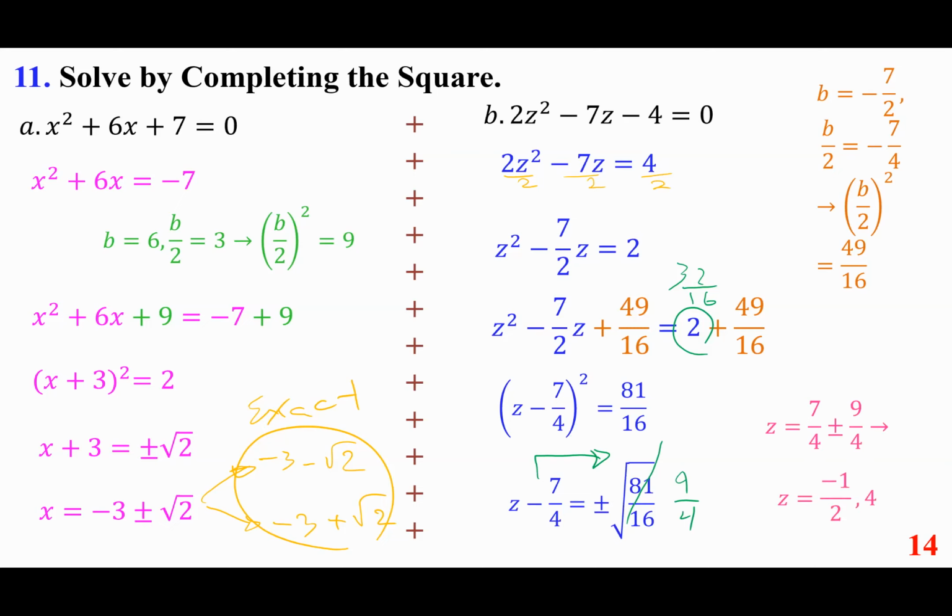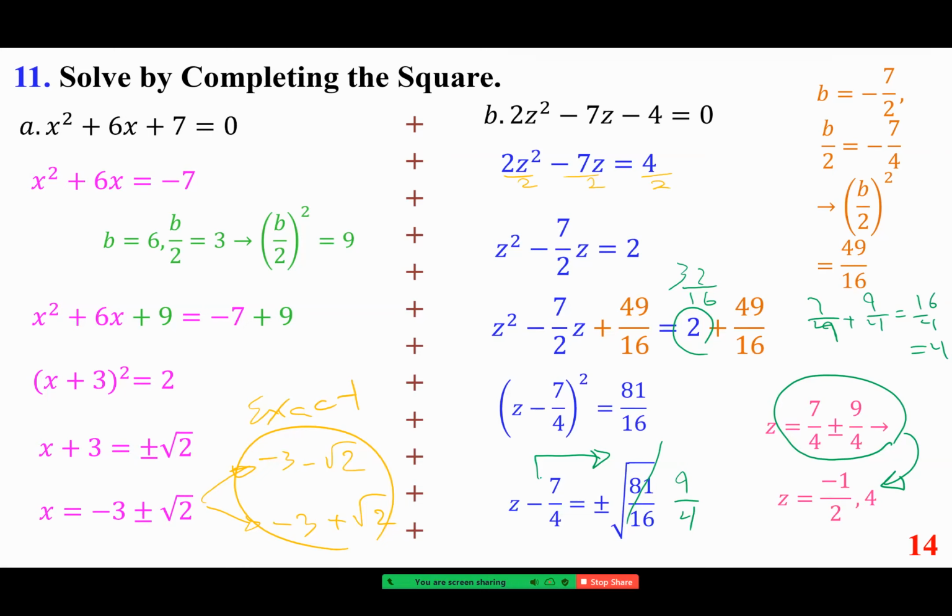So I hope you can go from here to here. So 7 over 4 plus 9 over 4 is 16 over 4, or 4. 7 over 4 minus 9 over 4 is -2 over 4, which is -1/2.